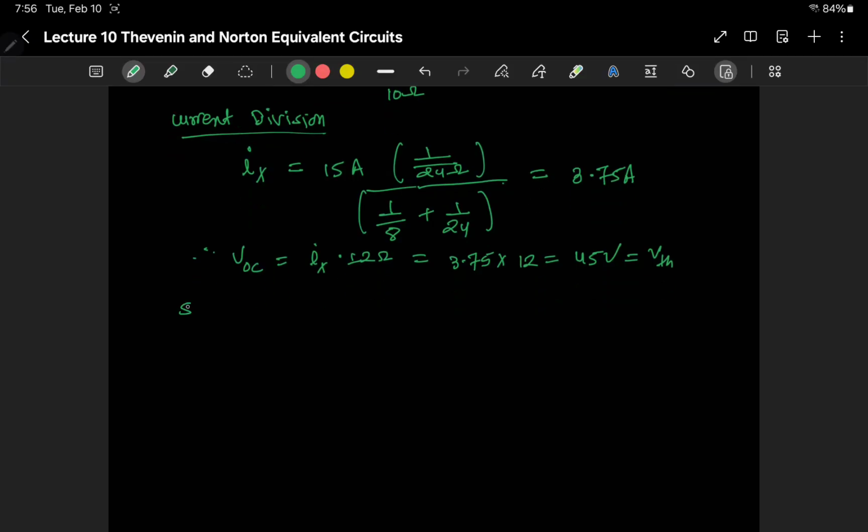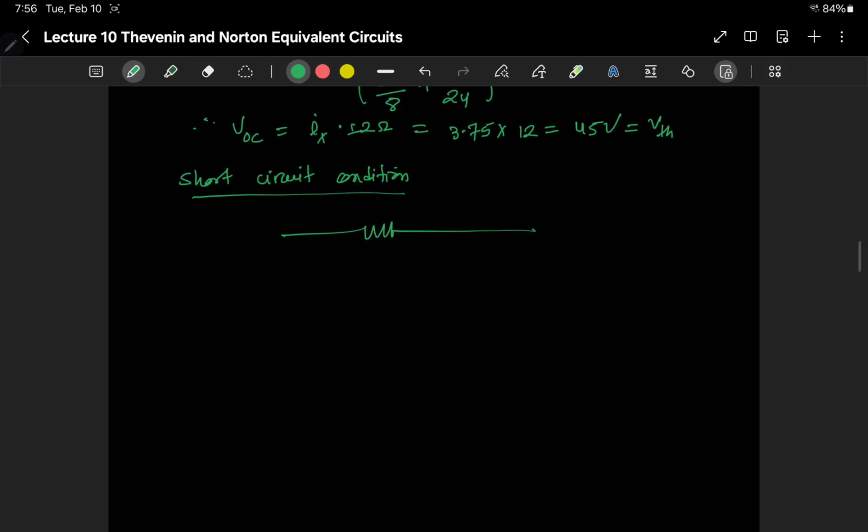So in the short circuit condition, you have this 15 ampere, and basically we're going to short this part.